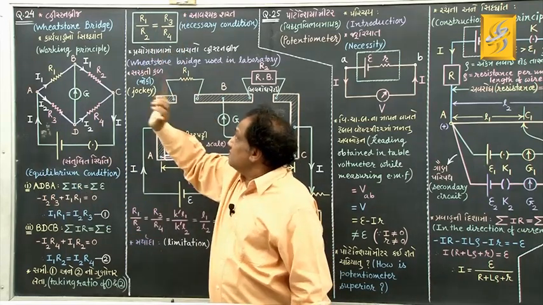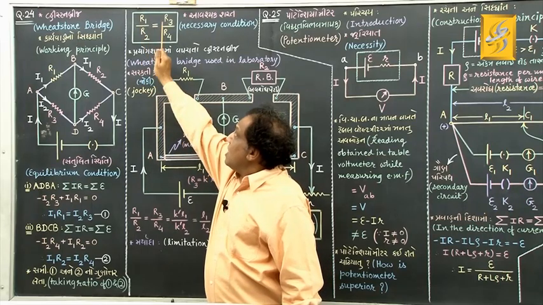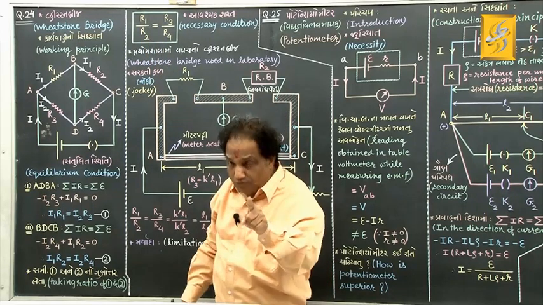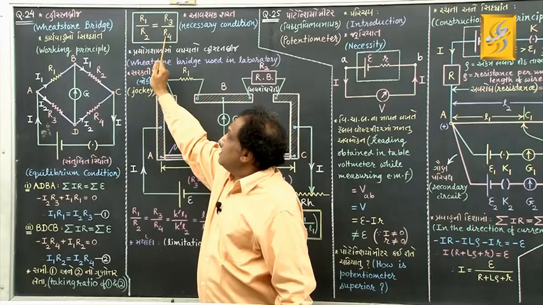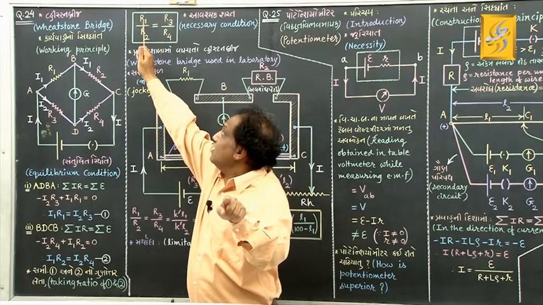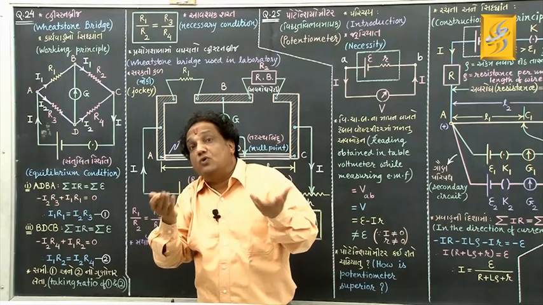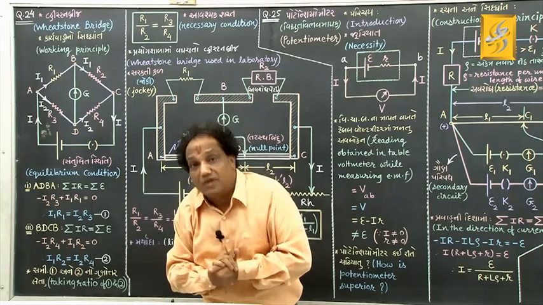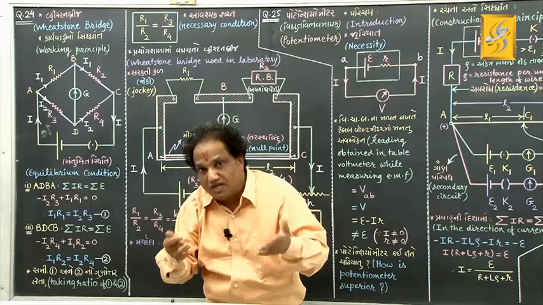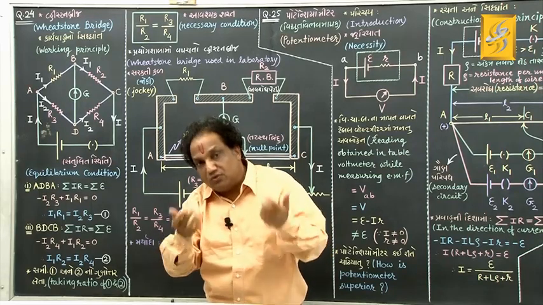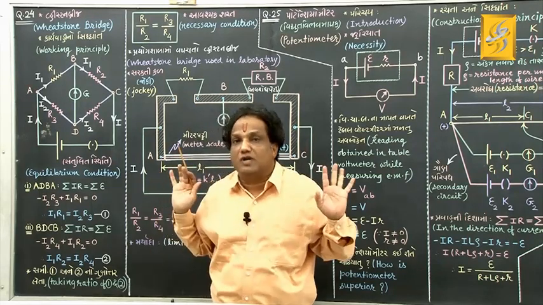Now in this equation, if the values of R2, R3, R4 are known to you, you can put their values here, calculate and find the value of R1. That is how we can find unknown resistance using this Wheatstone bridge. That is its use, its physical importance.